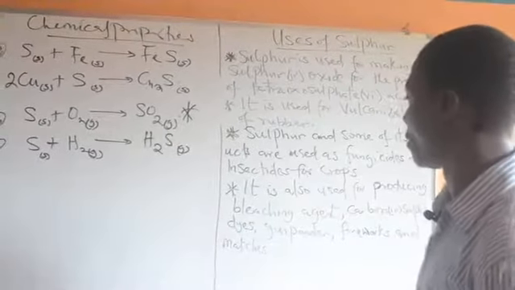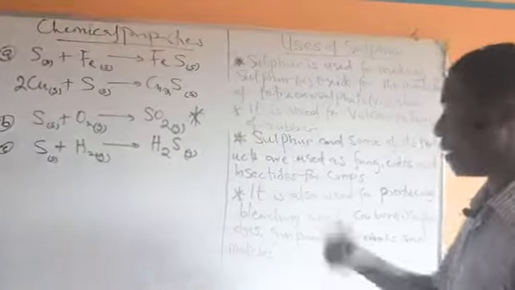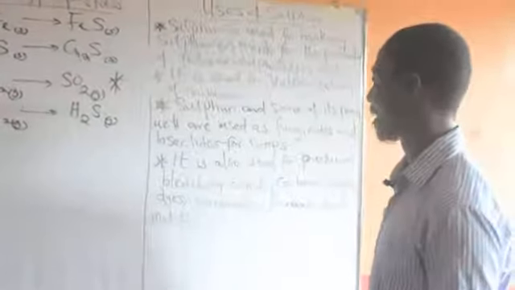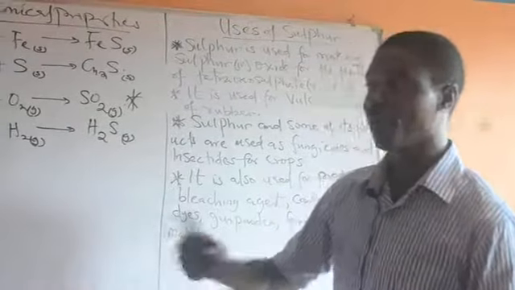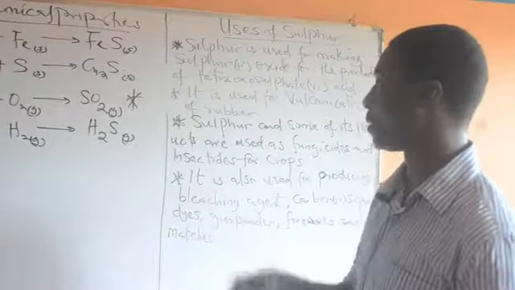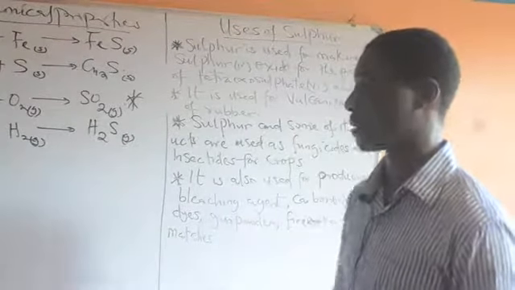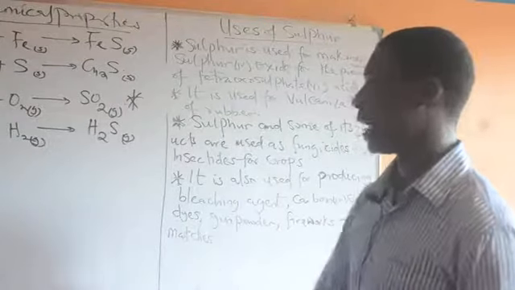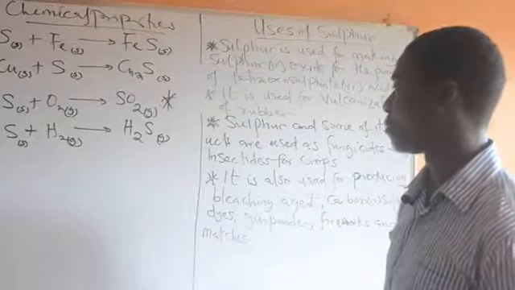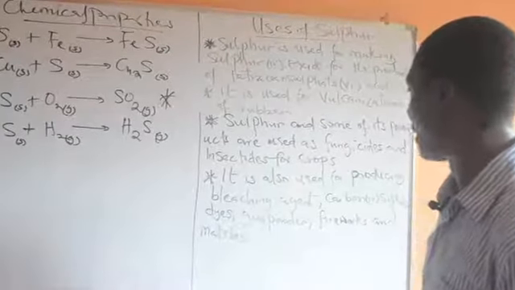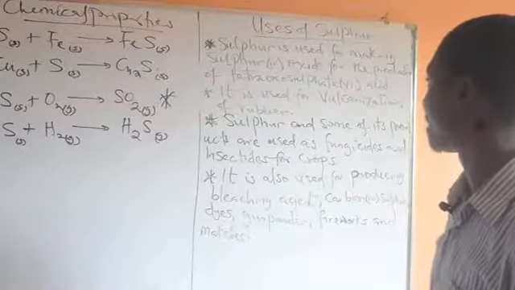So maybe in our subsequent classes, we are going to be dealing with the compounds formed by sulfur, where we'll be talking about the gases and other compounds like tetraoxo sulfur 6 acid, hydrogen sulfide, sulfur 4 oxide, sulfur 6 oxide, and so on as time goes on.